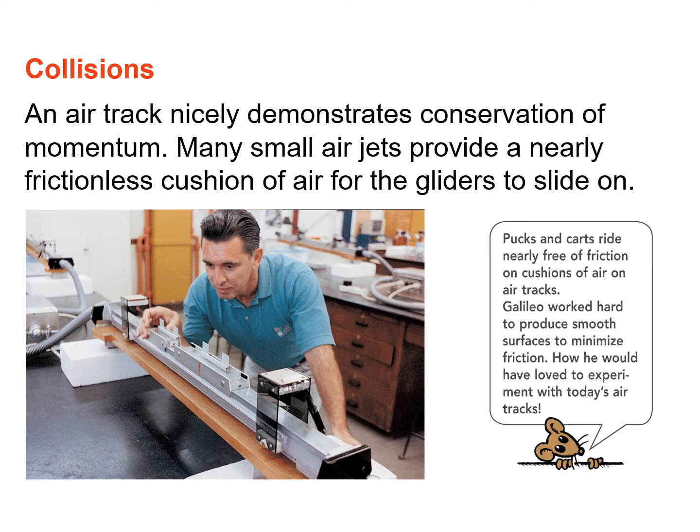We use a little Velcro and they'll stick together. What I'd ask you to do is to make some predictions about what you think the momentum of the system or the speed of the system would be after a collision. Since we're not at school, I'm going to have you simulate this. So let me run through some example problems first. Even though I won't talk about the carts, the math is the same.